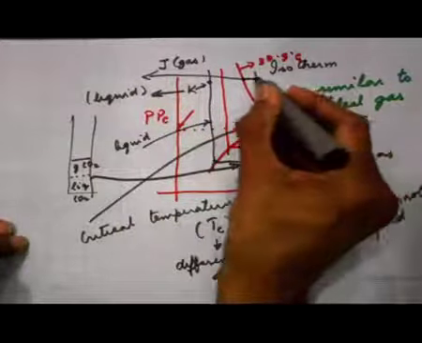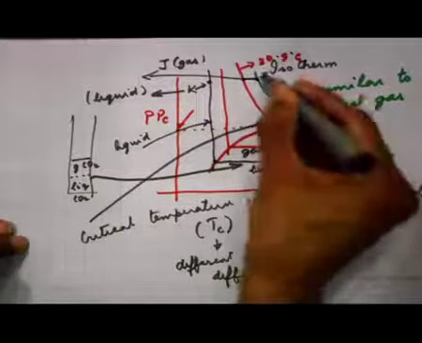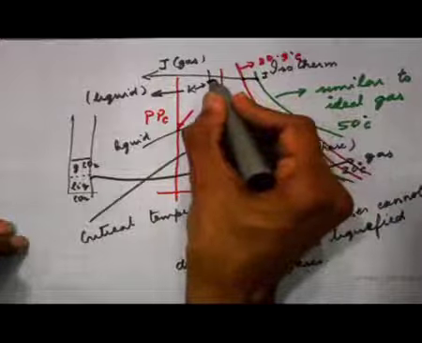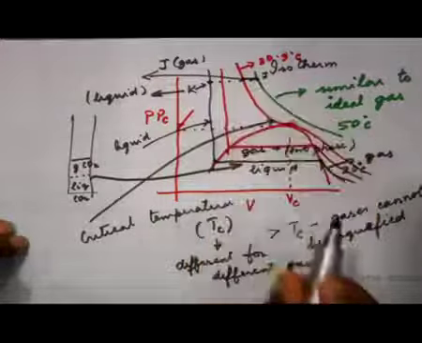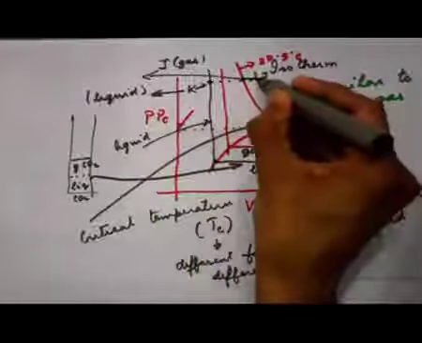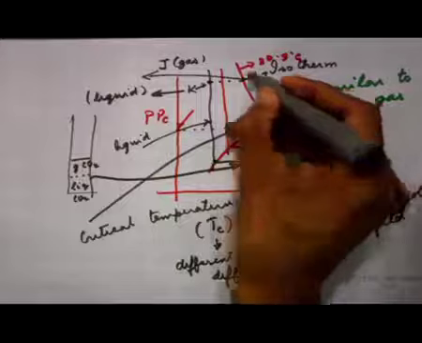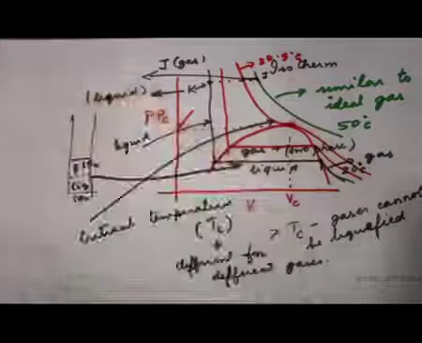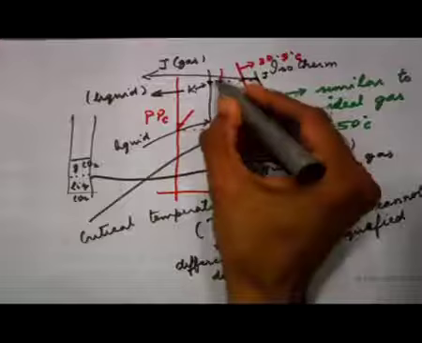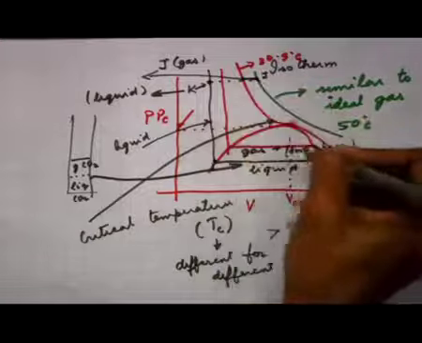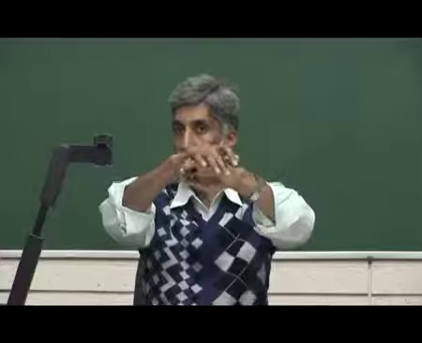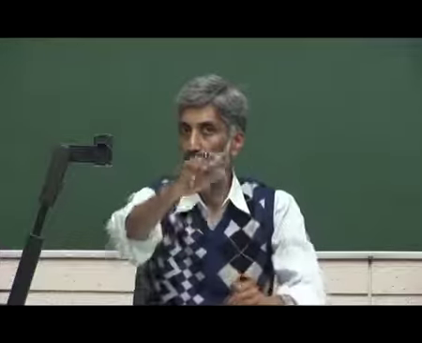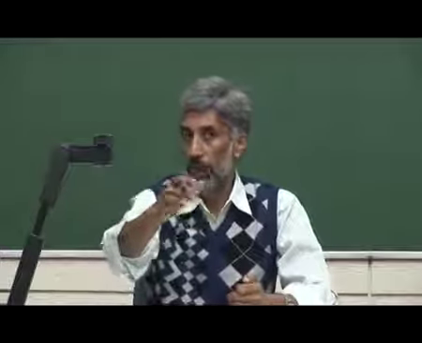And you can go from the gas phase into the liquid phase, that is from J to K, without going through a gas-liquid equilibrium. This is something that you have not encountered in real life, right.